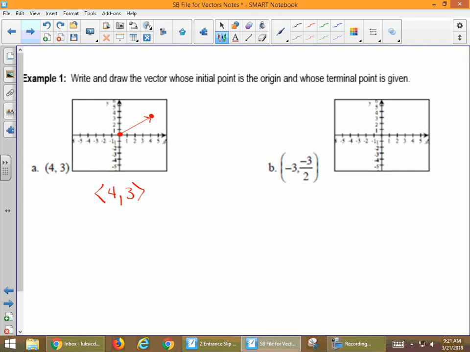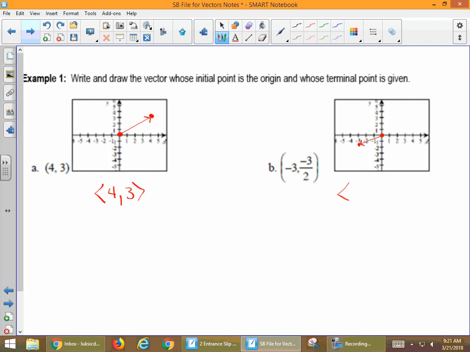For negative 3 halves, or negative 1.5, again we're going to have our initial point at the origin. Left 3, down 1.5. Make sure you draw that arrow. That shows us where the terminal point is.